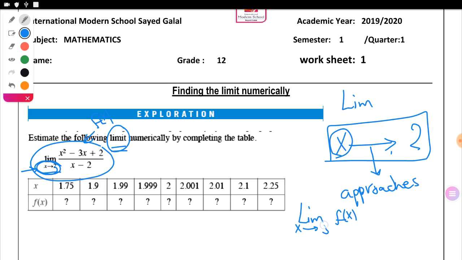Understand or no? Here we name it limit. Don't say lem, no, limit. I read this part first, limit, then f(x), then when x approaches to 3. I told you how to read.